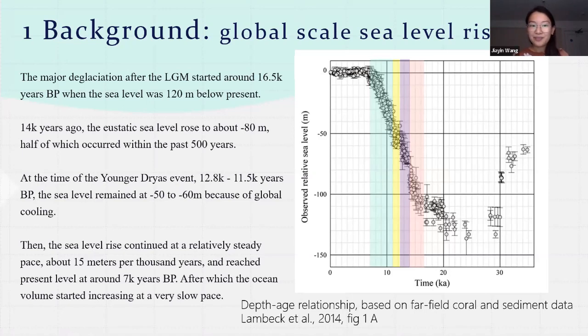So basically, after 7,000 years BP, the sea level remained at a constant level, basically the present level. But actually, there are still some little fluctuations during this period, and this would cause some significant impact on the coastal settlements during this period. So we will talk about this later.